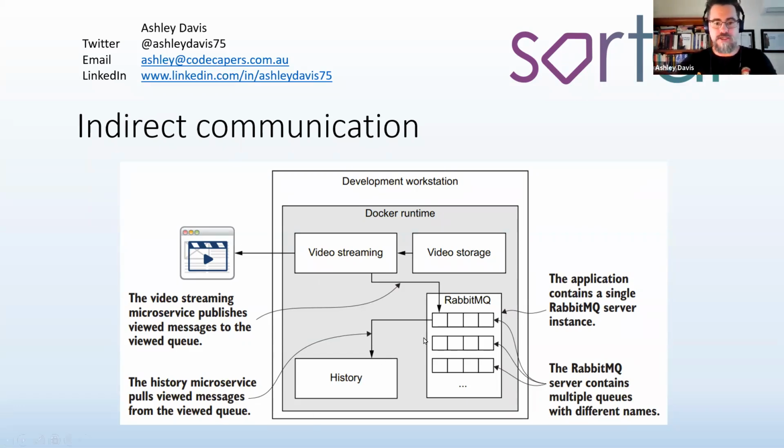The messages are queued up, and you can have multiple messages queued up, so the other microservice can handle the message when it has capacity to do so. This communication pattern is obviously more complicated than direct communication. It makes for a more complicated application, but it gives a lot of flexibility, a lot of power. You can build some really advanced communication techniques based off this communication pattern.